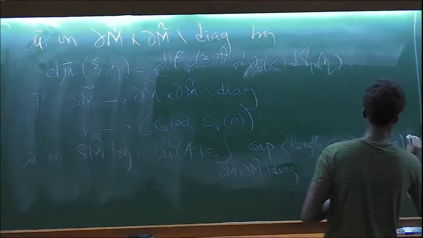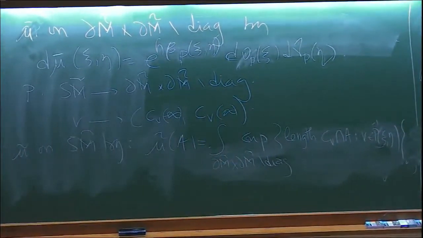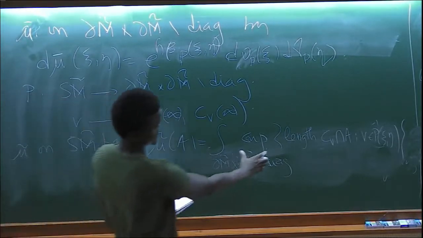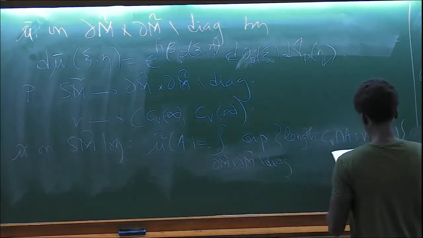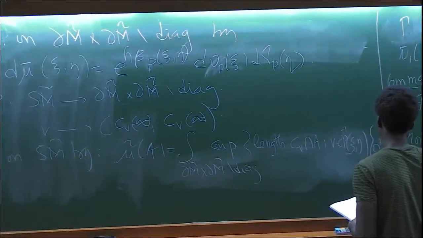So what you do is, you take these two points, you have your set A, you take the projection of all the endpoints that intersect this set, and you take the longest geodesic segment that intersects that set, and then multiply by mu bar of (psi, eta).